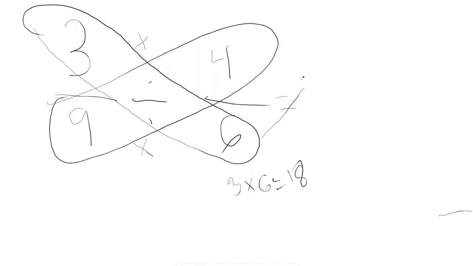And that's going to be written at the top for the new numerator. And then 9 times 4 is going to be written at the bottom for the new denominator. 9 times 4 is what? 36, right?